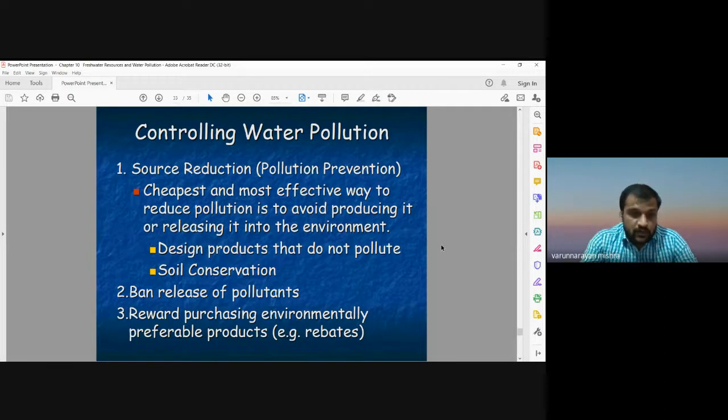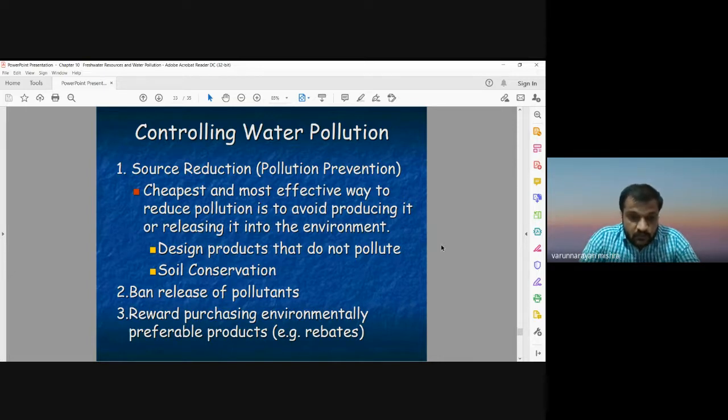We should also work on the soil conservation. We should reduce the use of pesticides and other chemicals in the agricultural lands. So there may be the less amount of underground water pollution, and we should also work on the ban of the different pollutants, and there may be the provision of the rewarding purchasing environmentally preferable products.